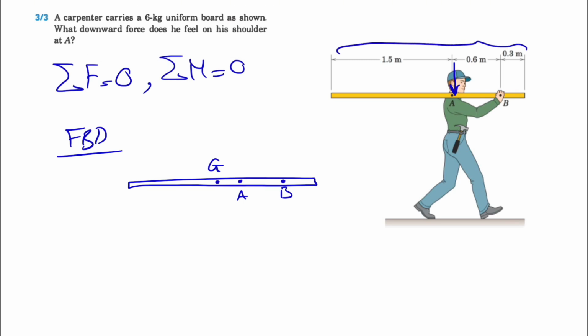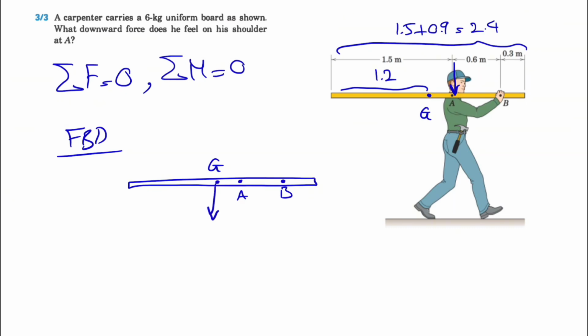The whole length would be 1.5 plus 0.6 plus 0.3, or 1.5 plus 0.9, which will be 2.4. To find the point G, we simply have 2.4 divided by 2, or 1.2, as the center of gravity.